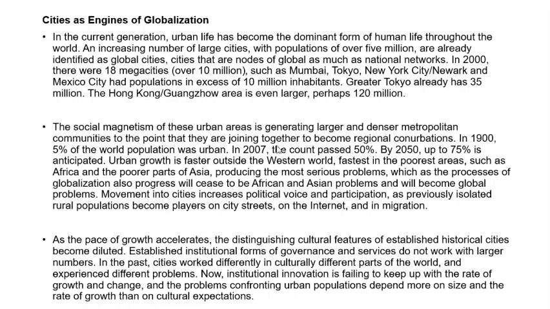So, yun pala, outside the Western world, mas mabilis daw ang pag-usbong ng city. Fastest in the poorest areas such as Africa and the poorer parts of Asia, producing the most serious problem, which, as the processes of globalization also progresses, will cease to be African and Asian problems and will become global problems.